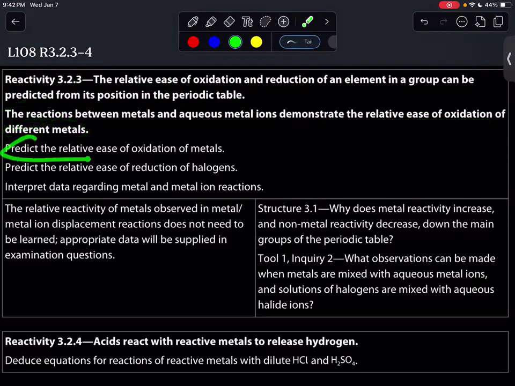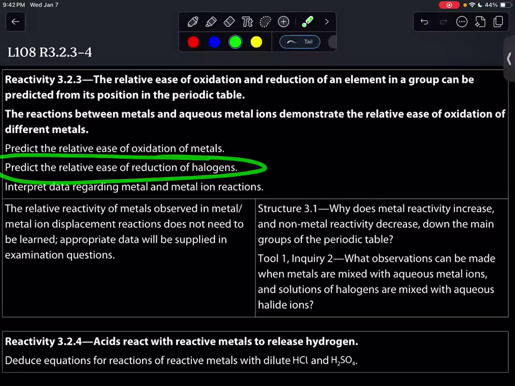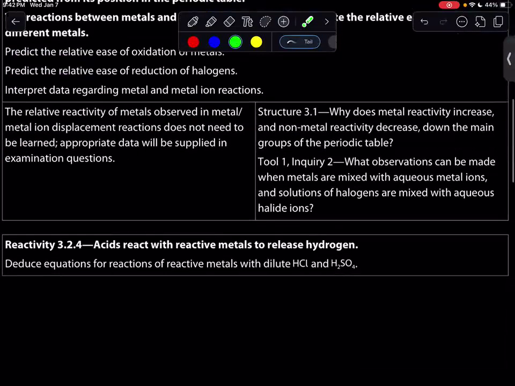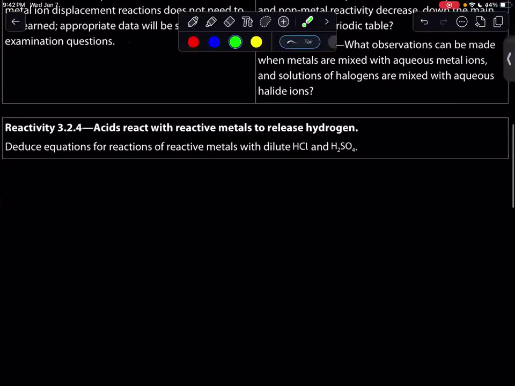We'll be able to predict the relative ease of oxidation of metals. We'll be able to predict the relative ease of reduction of halogens, and we'll interpret data regarding metal and metal ion reactions. Furthermore, in 3.2.4, we'll talk about how acids react with reactive metals to release hydrogen, and we'll deduce those equations specifically.